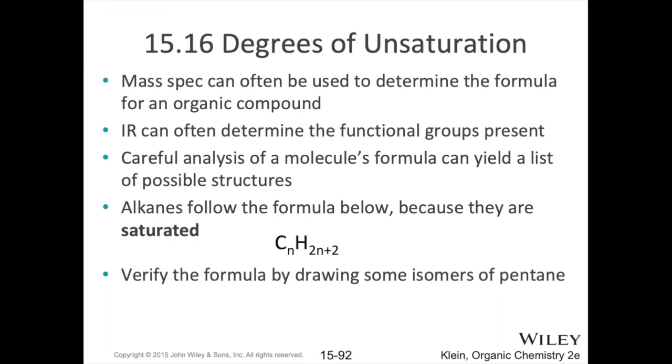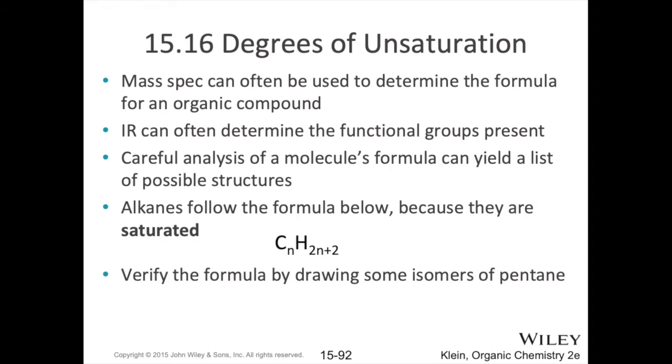You can figure out the presence of double bonds or rings by looking for degrees of unsaturation. What do I mean by degrees of unsaturation? If you recall from last semester, when we looked at the difference between alkanes versus alkenes versus alkynes, this concept of saturated versus unsaturated hydrocarbons came up.